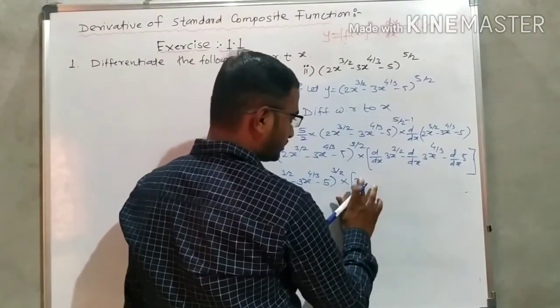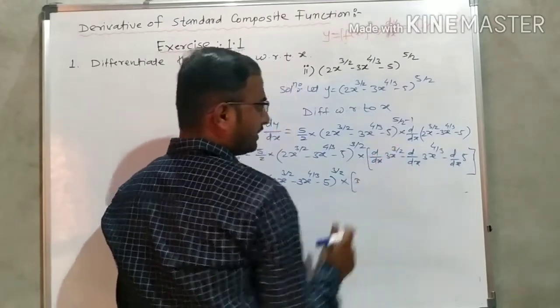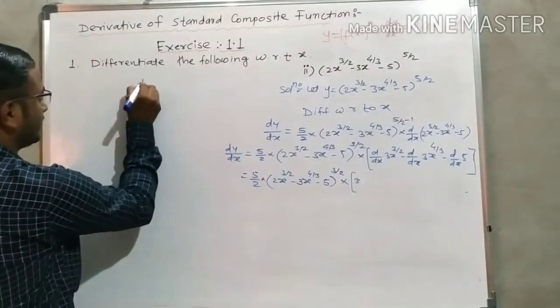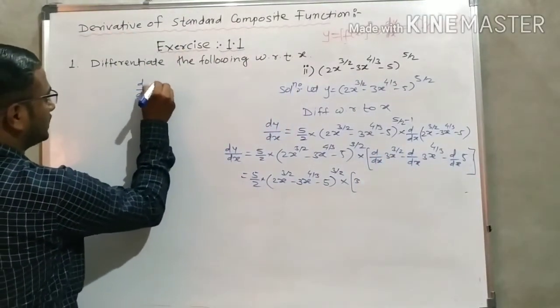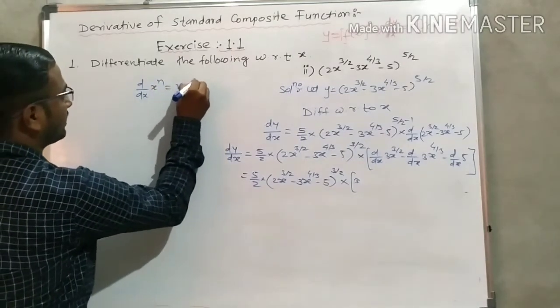Derivative of x to the power 3 by 2: the derivative of x raised to n is n into x to the power n minus 1.